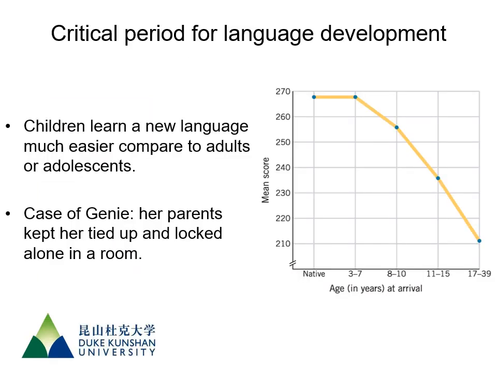Now, let me talk about the critical period for language development. Okay. Now, if you were to ask your classmates who study another language, which I guess is all of you, because you have to learn English to attend DKU, right? I would predict that you will find out that those who learn a second language when they were young find it to be much easier compared to adults or adolescents.